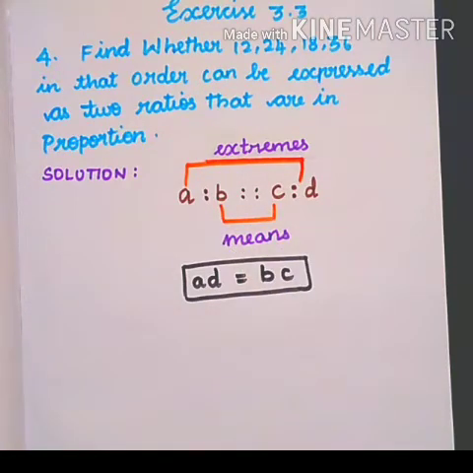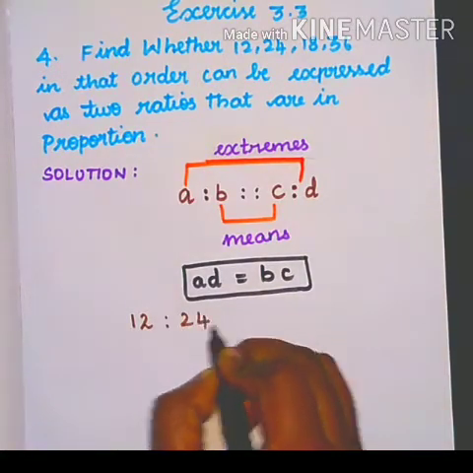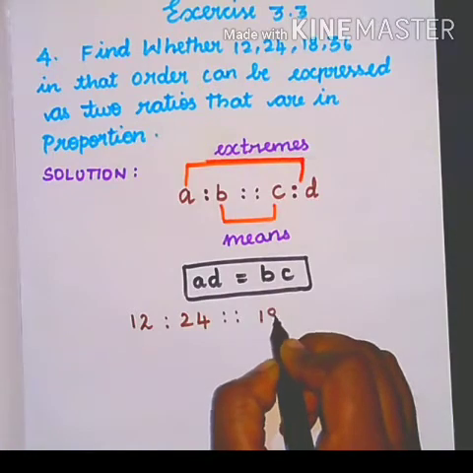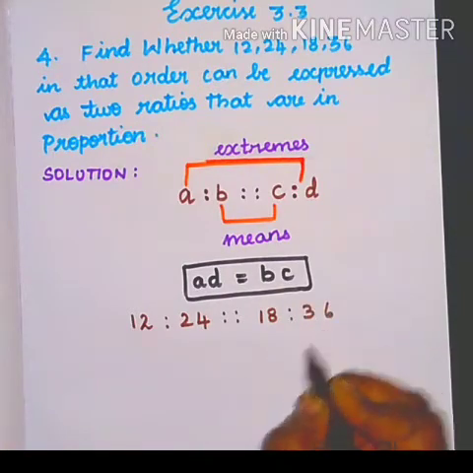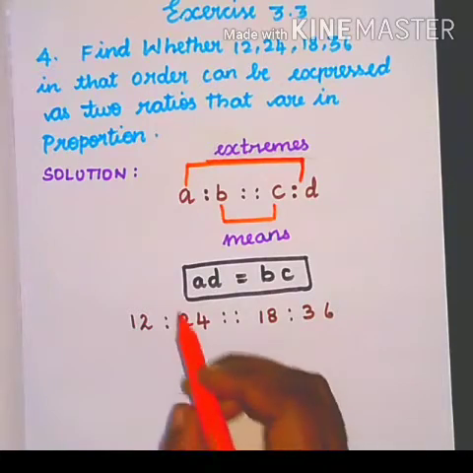If not equal, the given ratios are not in proportion. First we have to write the numbers in ratio form. See, 12 is to 24 :: 18 is to 36. Then you have to find the product of extremes and means.